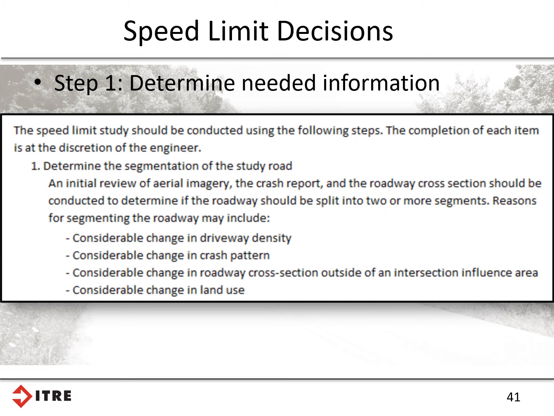Some of the things that you may need to consider, and even extremely important, is how the road is segmented. Is it between major intersections where you're trying to have a consistent speed limit? Is it a certain distance? We're going to chop the road into 10-mile segments. How is that done? Some of the recommendations we have, based on previous research, are: if the driveway density changes, if there's a change in the crash pattern, if the roadway cross-section changes once it's outside the intersection influence area, or if the land use changes.